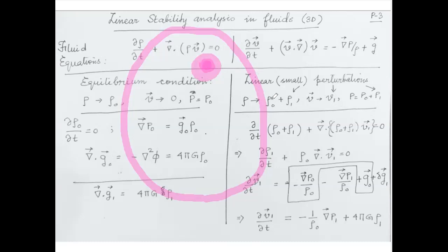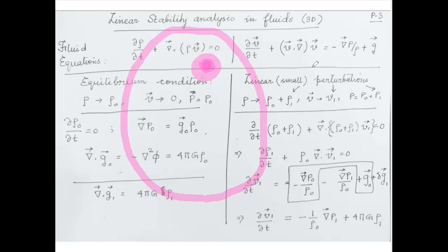And what I do, I put this back again in these two equations. When I do it in the first equation, it looks like this. Remember, V0 was 0. And you realize that the first term, del rho 0 del t, is 0, which I have got here. And the rest of the terms, if you analyze, you will get this thing.